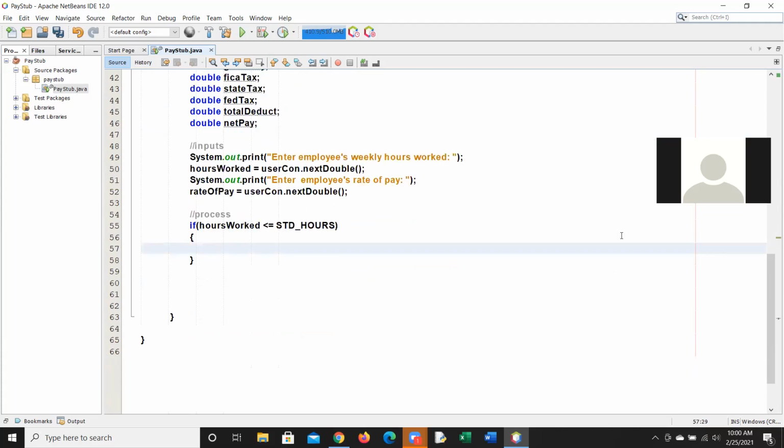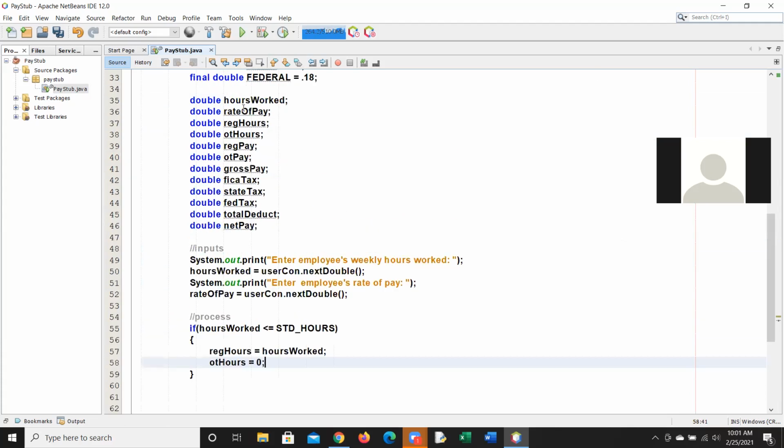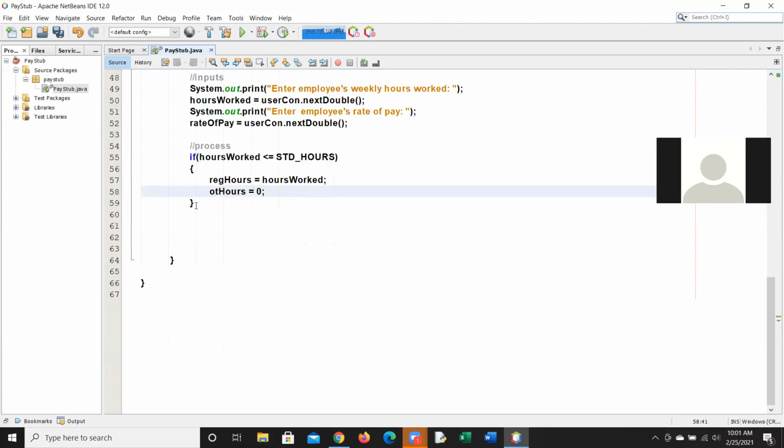All right. So if it's under or equal to, then my regular hours is just assign the value of hours worked. And then my OT hours will be nothing more than what? 0. And I really don't have to do that because when I declared it, it became 0 anyway. But just to make sure, we'll put that there, and then we'll put our else in. Then we do this.